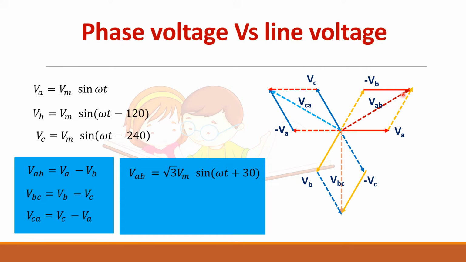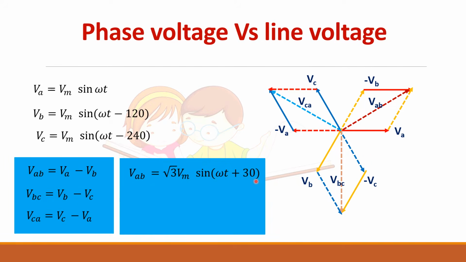Actually it is root 3 times higher: root 3 Vm sin(omega t plus 30), because VAB is leading VA by 30 degrees. We have taken VA as reference because we have taken omega t here, so the angle is 0 for VA. So we are writing everything with respect to VA.